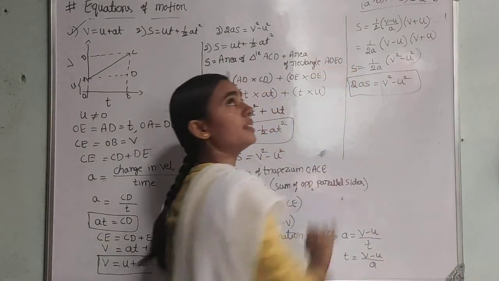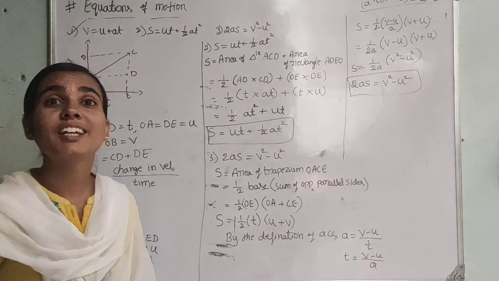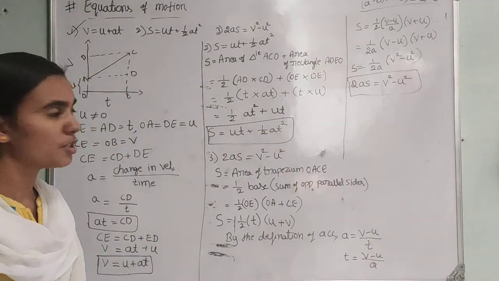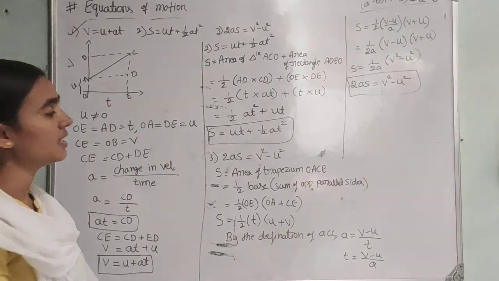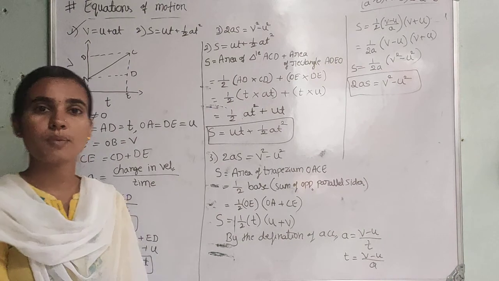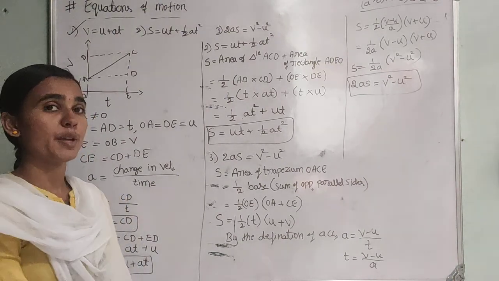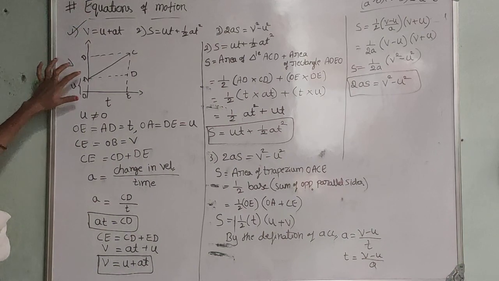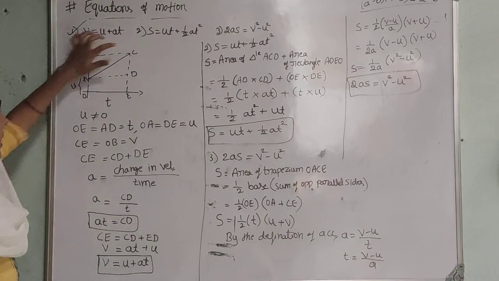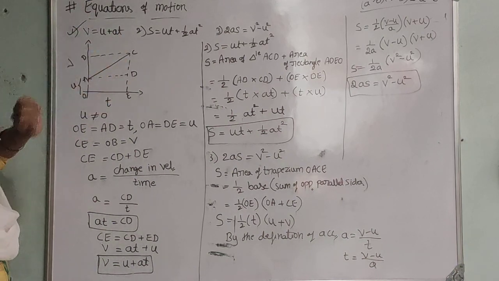This is our third equation. If the third equation is a little confusing, once again I will say: to derive the third equation, that is 2as is equal to V square minus U square, I am using the area of a trapezium. From the graph, the trapezium is OACE.